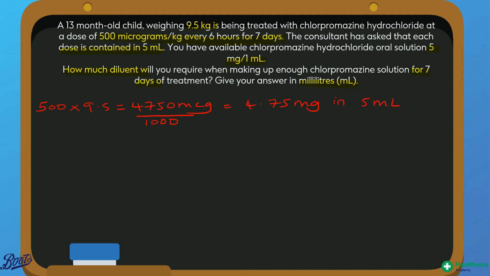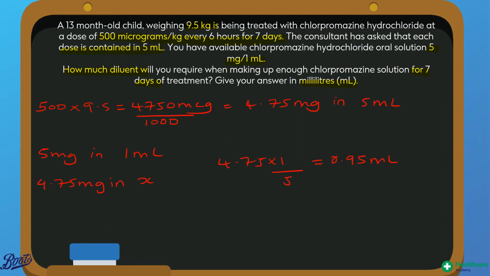Now, chlorpromazine oral solution is available as 5 milligrams per millilitre, so we need to work out how much of this solution contains 4.75 milligrams of our required dose. So 4.75 multiplied by 1 divided by 5 gives us an answer of 0.95 millilitres.